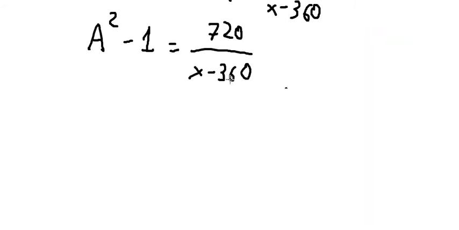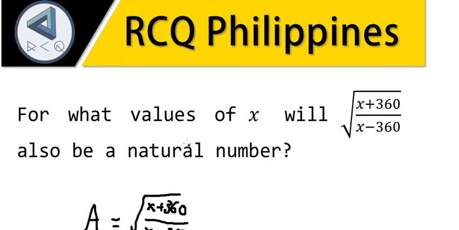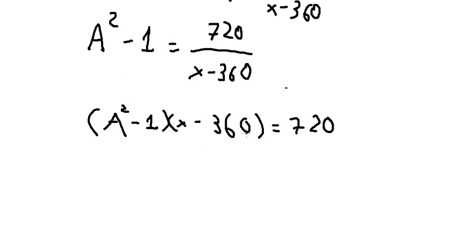So we multiply both sides by x minus 360. Because the question mentioned they are natural numbers, that means x is also a natural number.